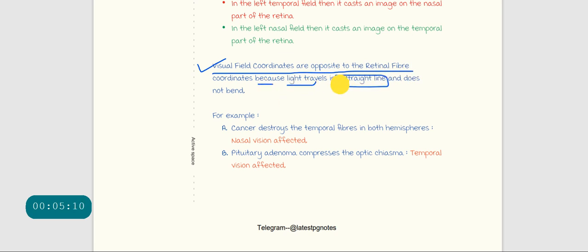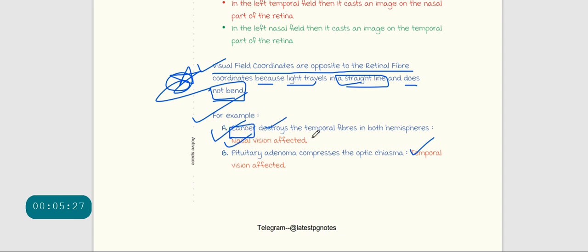Very important point, students. Now what are the examples in which the nasal and the temporal vision can be affected? The first example is cancer. Cancer destroys the temporal fibers. Obviously, students, if the temporal fibers are affected, then the nasal vision would be lost.